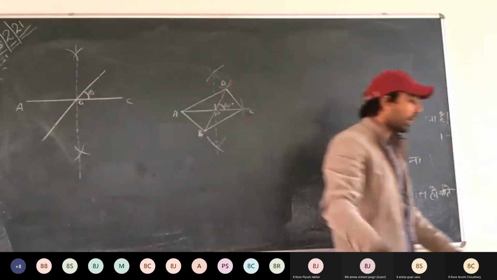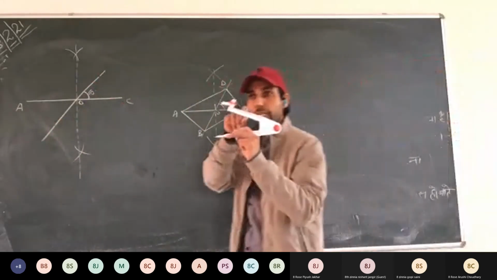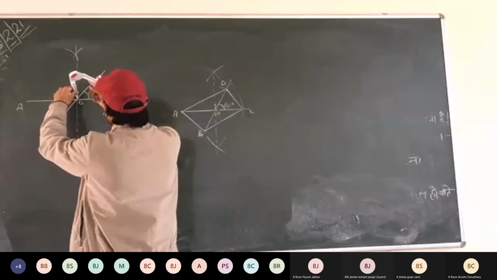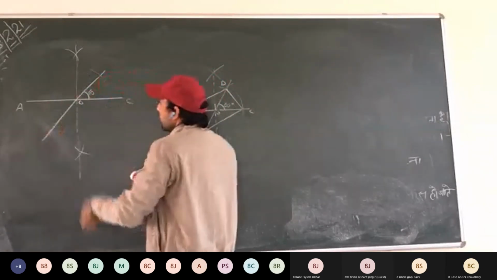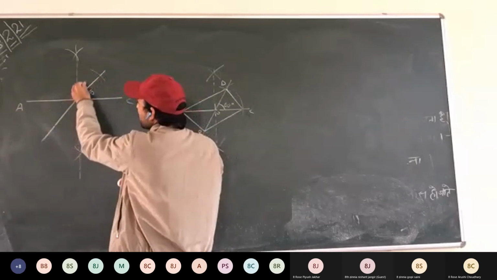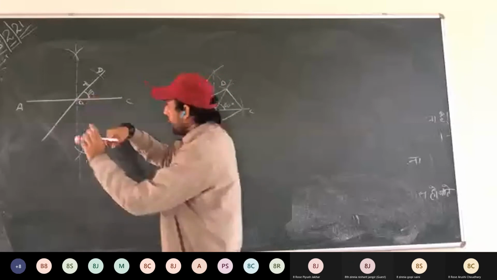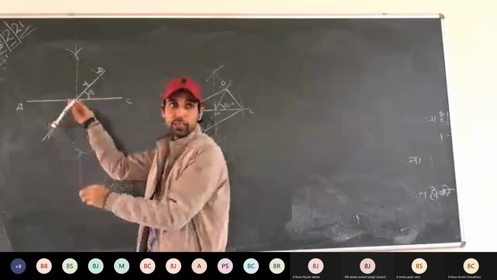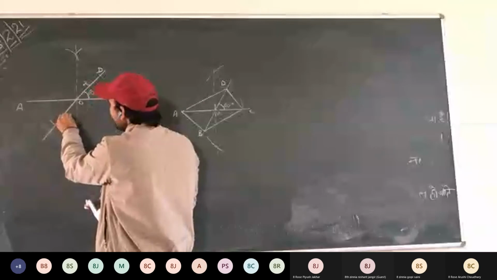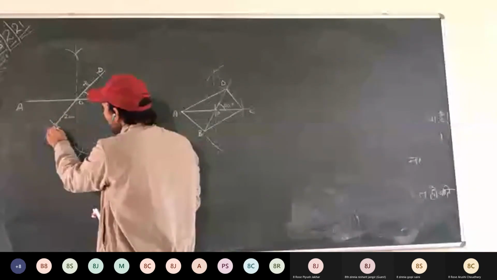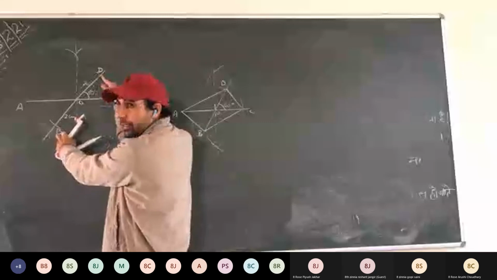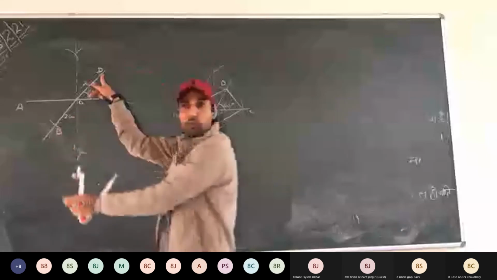So take a 2 centimeter radius and make an arc. So this distance is how much? 2 centimeters. This is which point? D. Similarly, take 2 centimeters here. This is again 2 centimeters. This is our B. So total, how far is B and D? 4 centimeters.